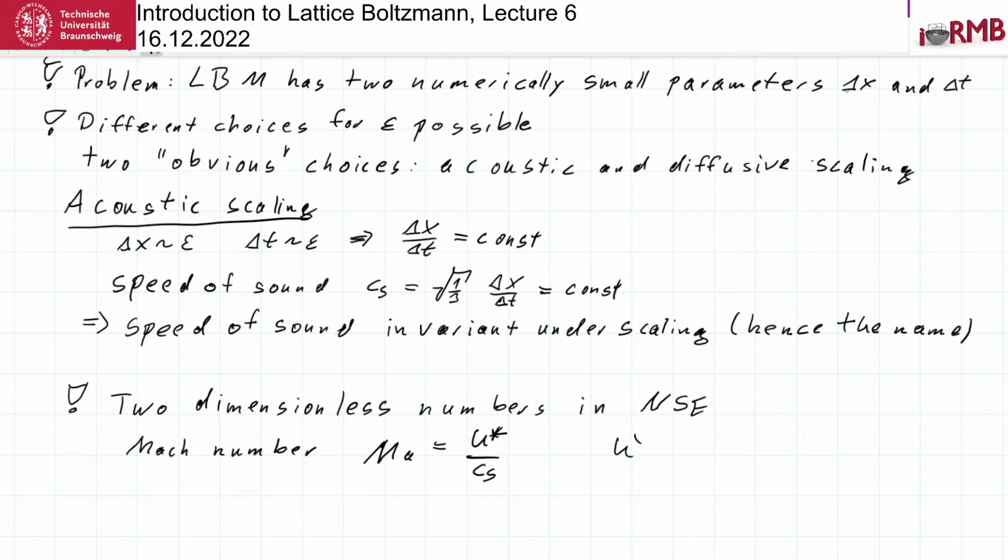So u star is a physical velocity scale. If you ever wonder, I think this is for students sometimes not so obvious, which velocity do we take? It does not matter, it's just a scale. It must be a somehow fixed velocity, okay? U star.